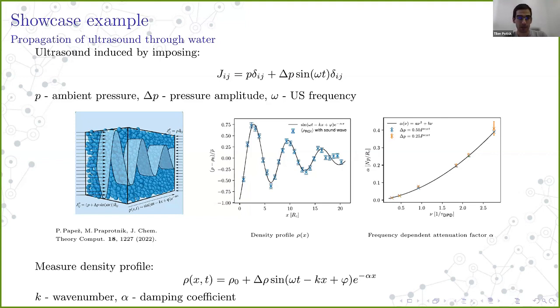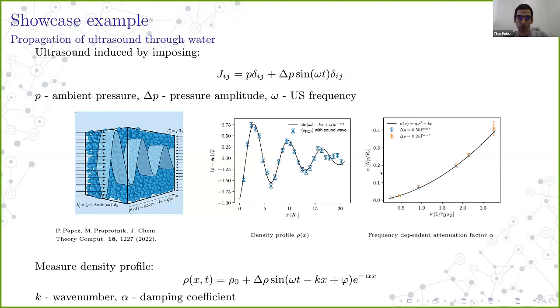And we see on this center plot that the density profile is as expected. It's a sinusoidal profile with the correct frequency and wave number. And it's also damped, which is expected since we have a viscous fluid.